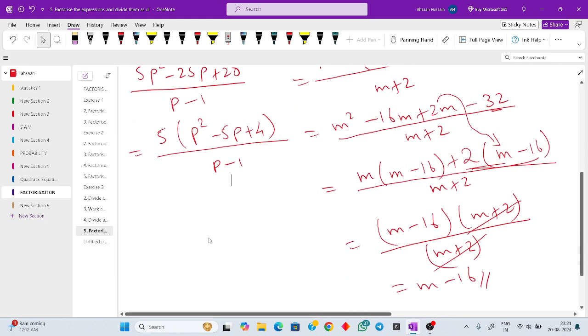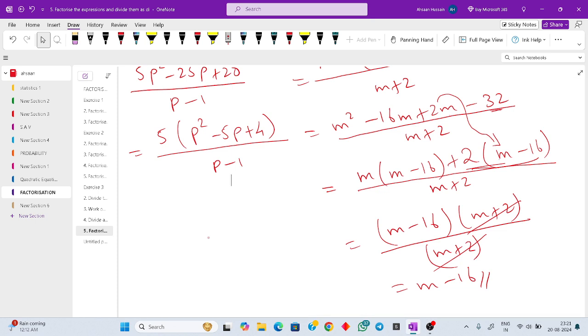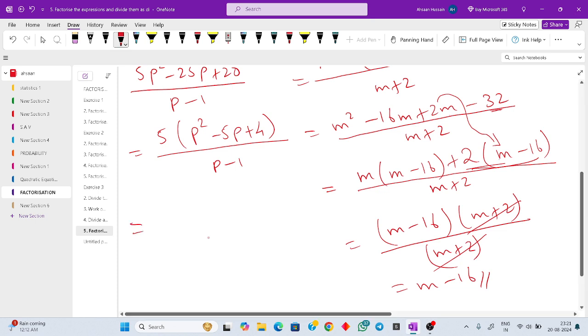Now we'll follow the process of middle term splitting. So 5. So what is this? 4. And how will you make this 4 into 5 after adding? It's very simple. 4 is 4 times 1, and 4 plus 1 is 5, which I've done.